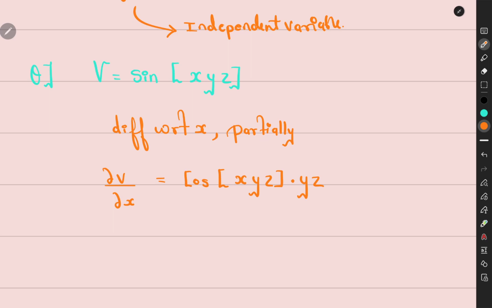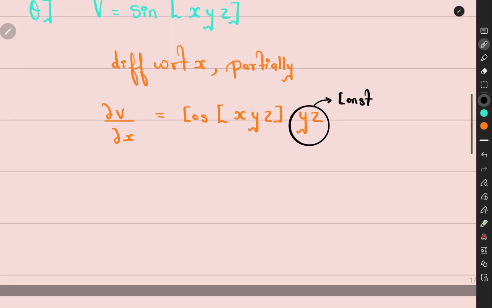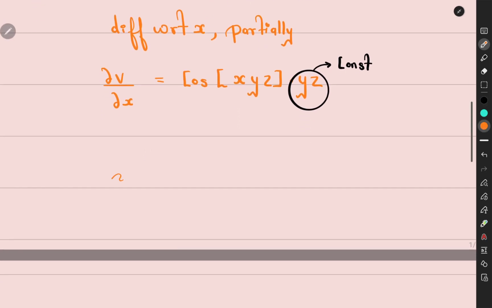I have used the chain rule, and as you can see, since I am differentiating with respect to x partially, it means the term which is outside the cos is constant.